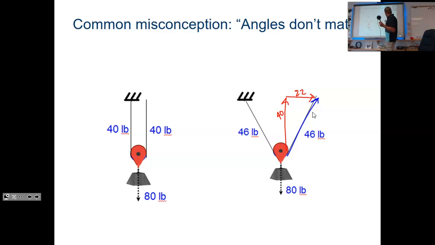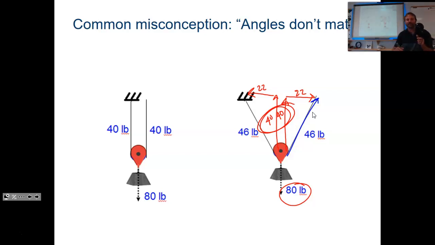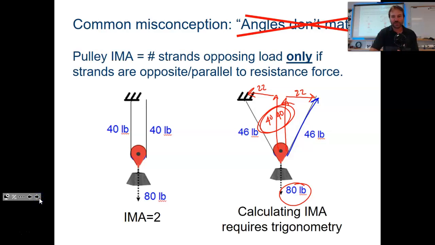So this one's also pulling up at 40 and this one's pulling to the left at 22. So you're pulling up at 80, and then you're pulling down at 80. So that's in equilibrium. You're pulling to the left at 22 and to the right at 22. So it takes trigonometry, the Pythagorean theorem, sine, cosine, tangent to be able to figure that stuff out sometimes. So just be aware that when you get multiple things pulling at angles, it's not always as straightforward as you think.